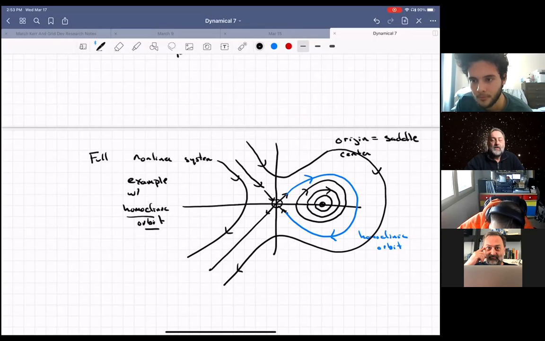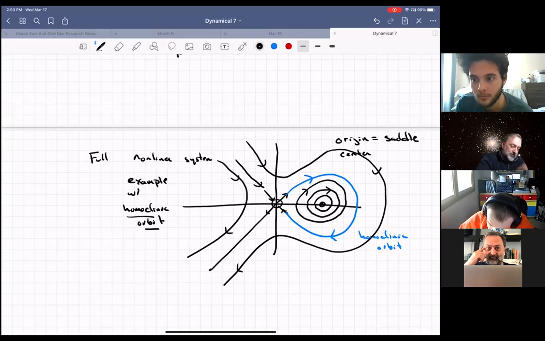If we perturb the system, the homoclinic orbit might stay in place, but the center inside of the homoclinic orbit might become, say, a stable spiral. I could redraw this into a stable spiral. Yes, that could be true.